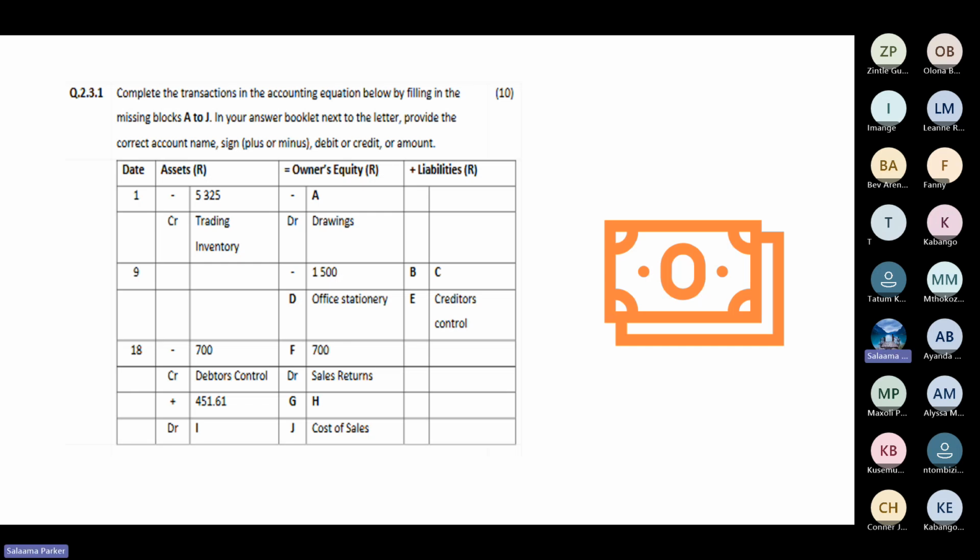Here I have my sign. It's a minus. So what must my sign be over here? Also a minus, very good, for sales return because it's an expense, it decreases owners' equity, right?